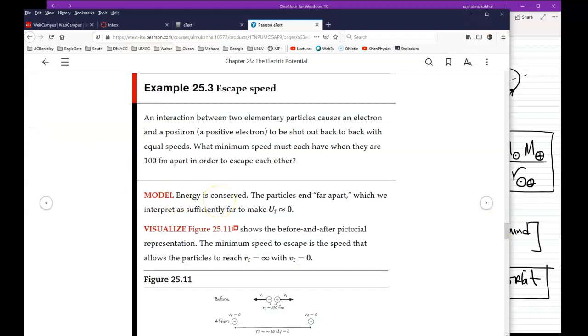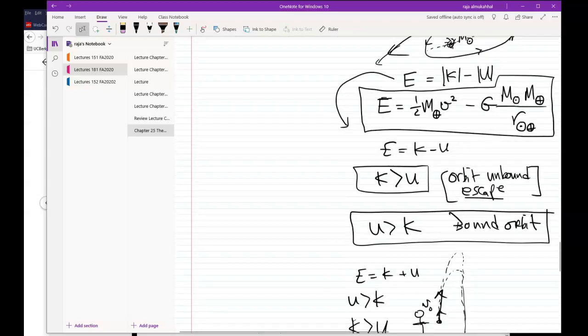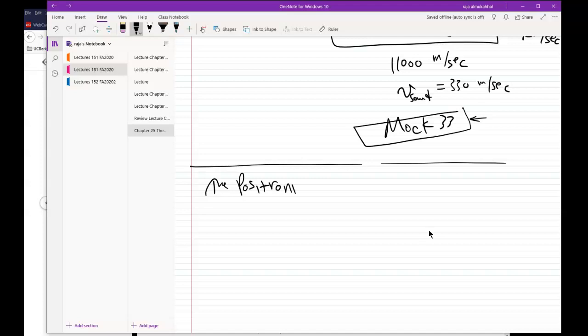So what we have here is what is called a positronium. Let me just show you a picture of how it looks. I'll go to the next page. We have something called a positronium. Positronium is basically a positron and an electron that are formed. It's called pair production in quantum mechanics. And with this pair production, they will start spinning about each other, about their center of mass right here.